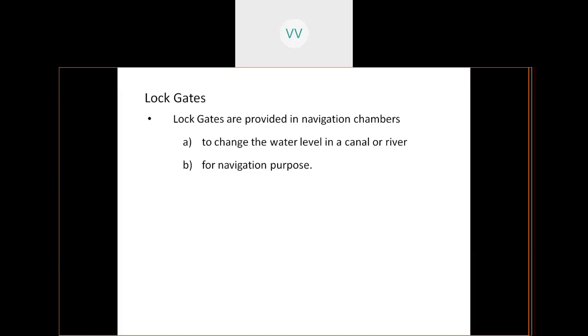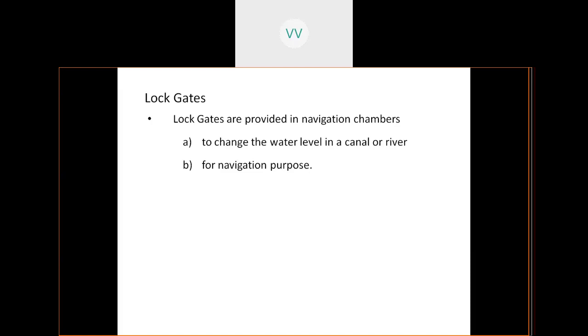Navigation means making it possible for boats to move from the upstream side to the downstream side. All of you are fond of going for a boat ride or boating.